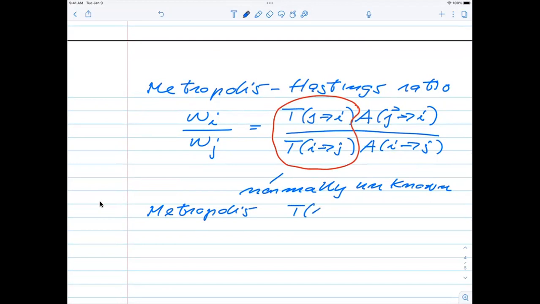That means that going from J to I is given by the same probability as going from I to J. For those of you who have taken a course like Computational Physics 1, where you've looked at the Ising model with these kinds of spin systems, when you flip a spin and then go back again, this is normally assumed to have an equal probability.